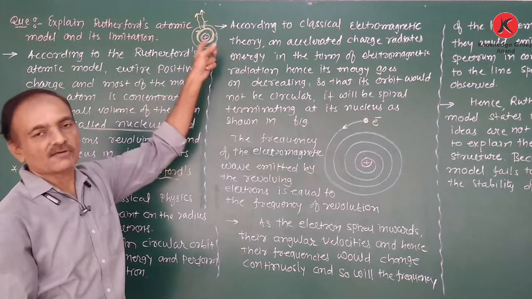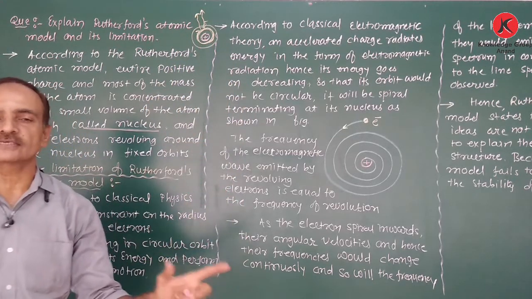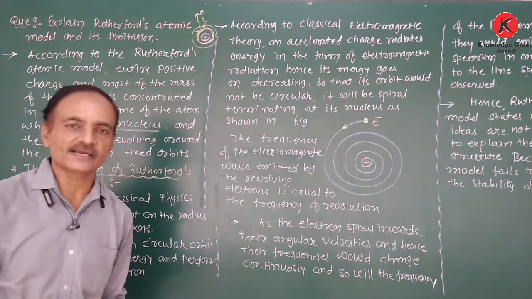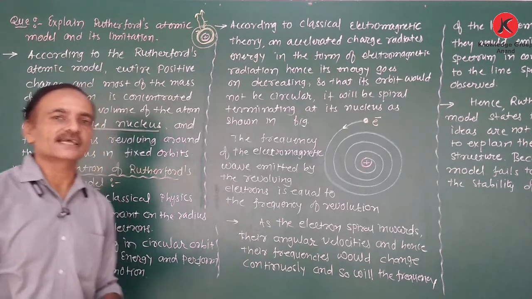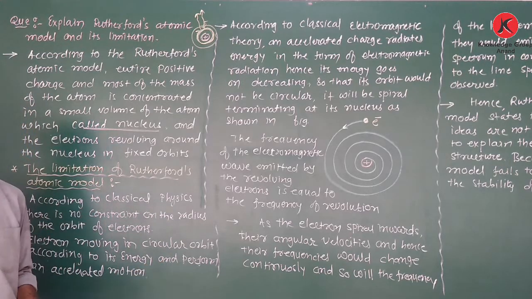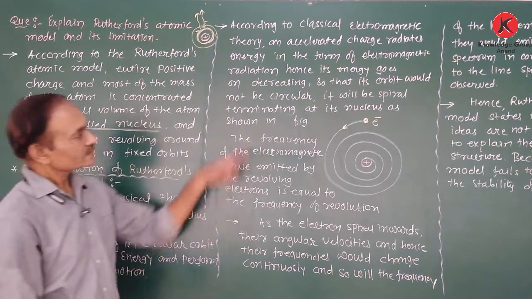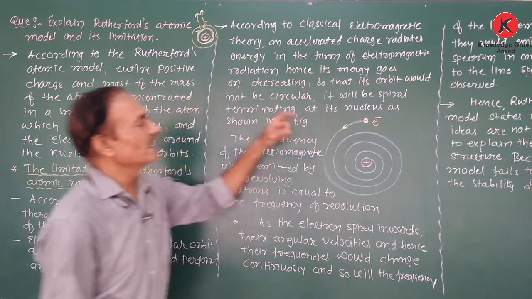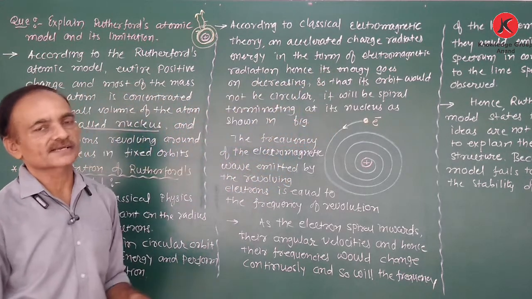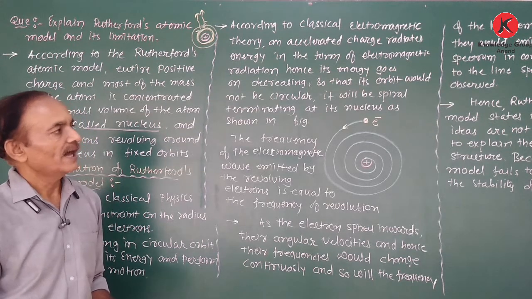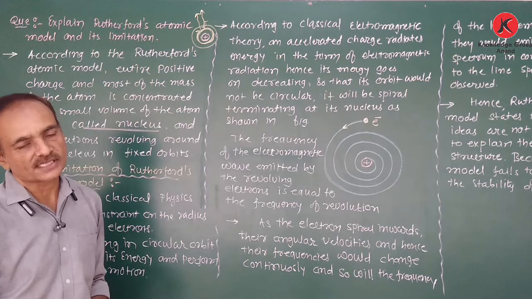Because the energy of the electron continuously decreases, the radius of the circular path is also going to decrease. So as its energy goes on decreasing, its orbit would not be circular. It will be a spiral, terminating at the nucleus, as shown in the figure.